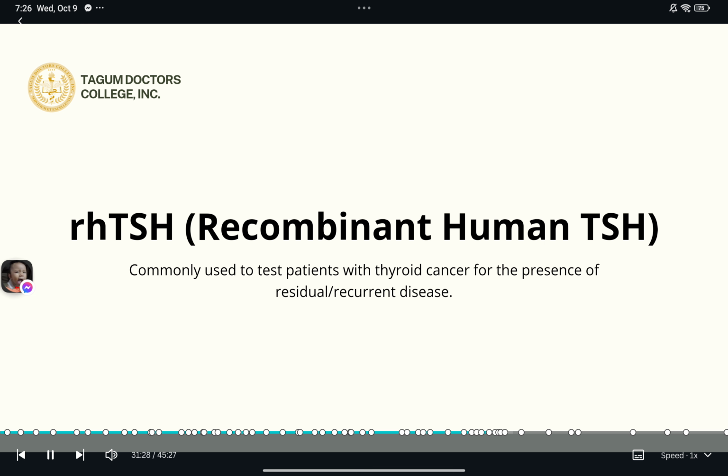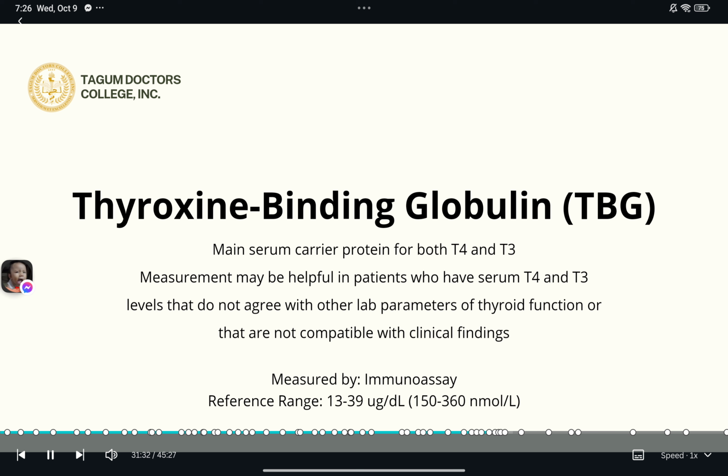Okay, and then we also have our thyroxine binding globulin or our TBG. Diba? As we said kaganina na 70% of our T4, ano ba, is tawag ani attached to TBG. Okay.